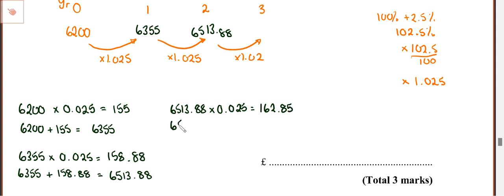We then do 6,513.88 plus 162.85, and we get the answer 6,676.72. So after 3 years, that is the amount.